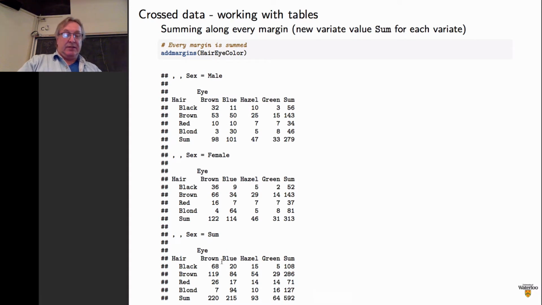And this sum has got the sums of everything above in the tables, right? So I've summed over the sex. Right, so 68 is 36 plus 32. And this 592 is the sum in the whole data set. So you can easily add a margin to the table that corresponds to the sum.